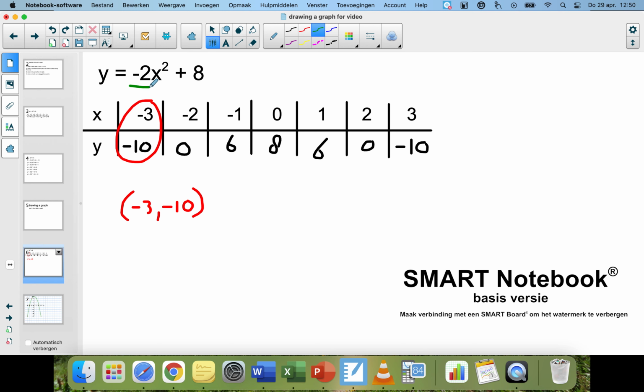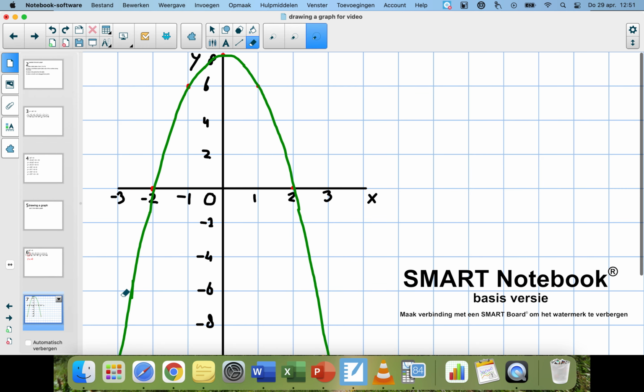There's a negative number in front of the x squared. We always get the frowny face parabola. If there's a positive number in front of the x squared, we get the smiley face parabola. But it's a negative number in front of the x squared, so we should get the frowny face parabola, and we do. So that's always a good sign.